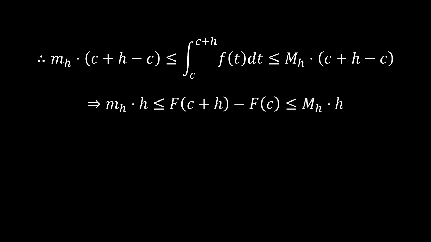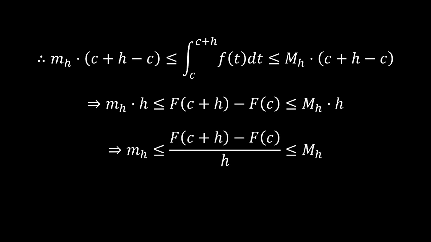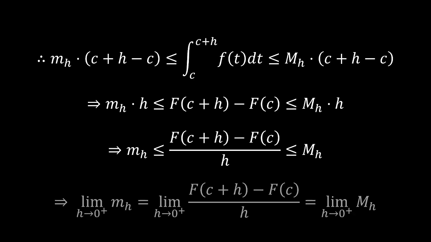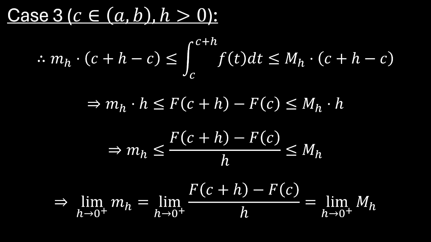So that's going to end up giving us lower mh times h is less than or equal to capital F(c+h) take capital F(c), which is less than or equal to capital mh times h. Dividing both sides by h, we're going to get lower mh is less than or equal to that fraction, which is less than or equal to capital mh. Squeeze theorem is being applied again to give us this.